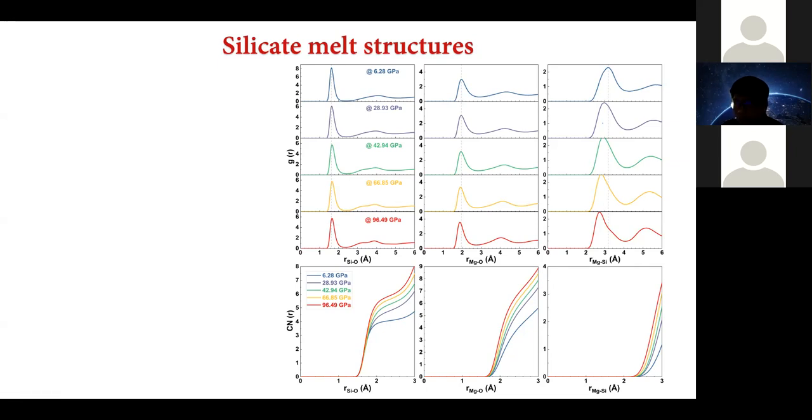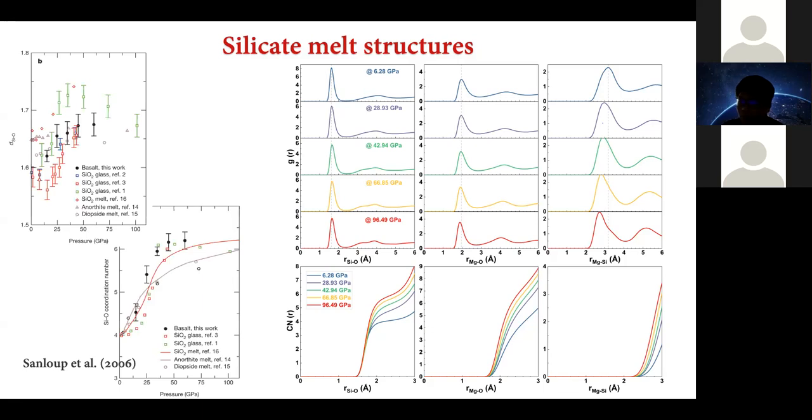This prediction agrees well with the experimental measurements, which are shown in this figure. We can see the experiments also demonstrate that the silicon-oxygen distance increases with pressure at about 0 to 15 or 16 GPa, and the coordination number increases from 4 to 6.